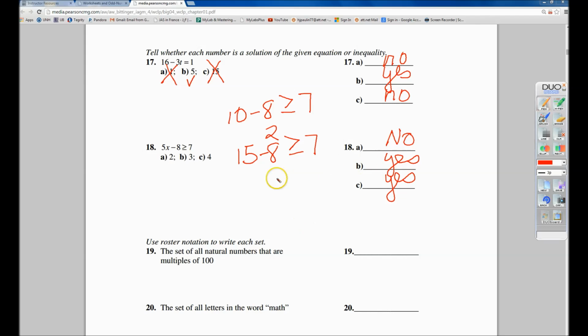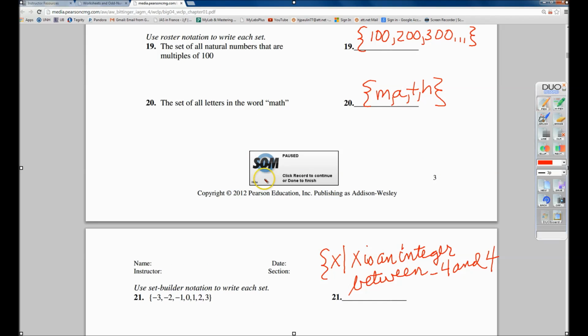Okay, here they want us to use roster notation to write each set. Okay, for these now, as we look at them, I've written them out to make the tape a little shorter. The set of all natural numbers that are multiples of 100 in roster notation.